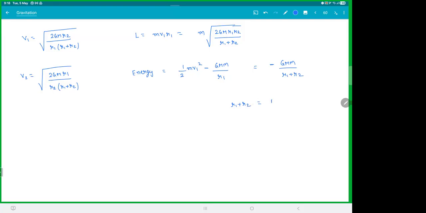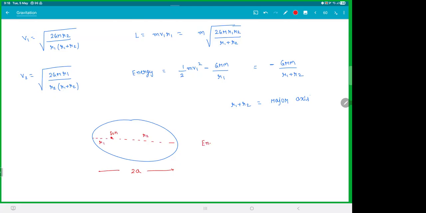This is the length of the major axis. That means if you have an elliptical orbit whose major axis is 2a, this was the sun, this was your r2, and this was your r1.